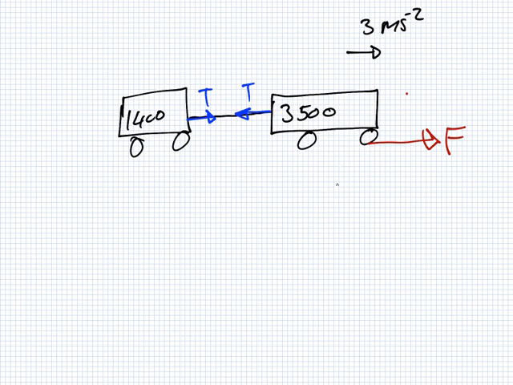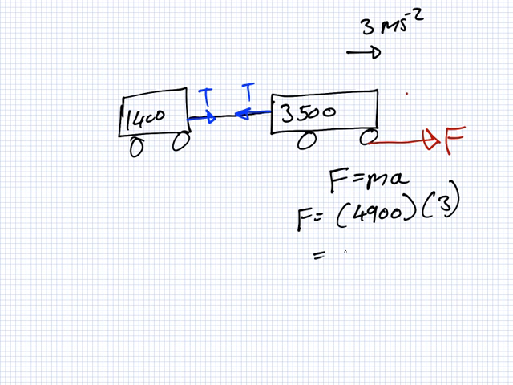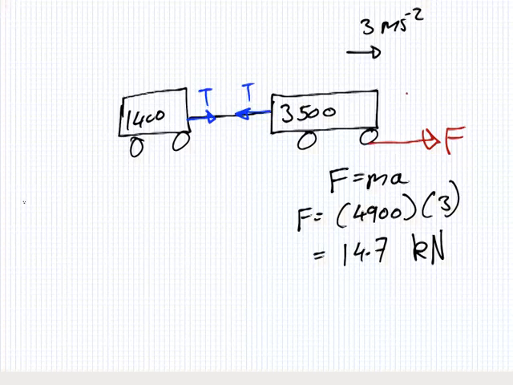So, using good old F equals ma, we get F equals 4900 times 3, which is 4.7 kilonewtons. And that is that for part 1.